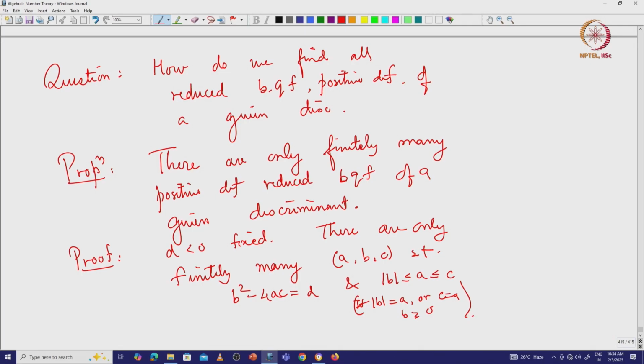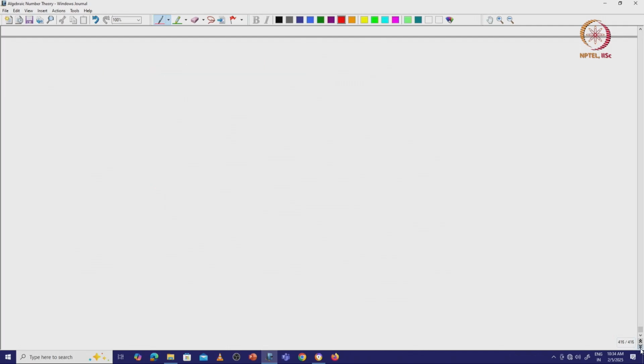Well, you know that D is B squared minus 4AC. This is negative by the way, and we know that A is bigger than or equal to mod B, and C is bigger than or equal to mod B as well.